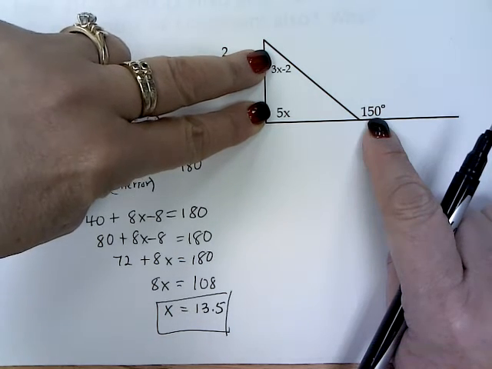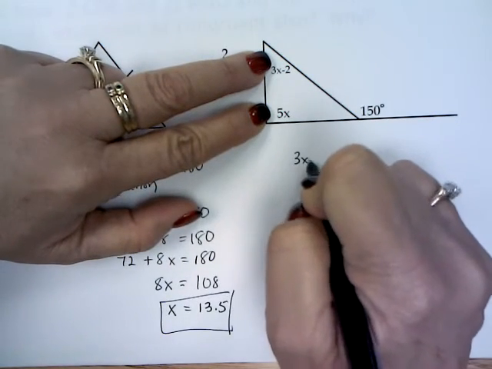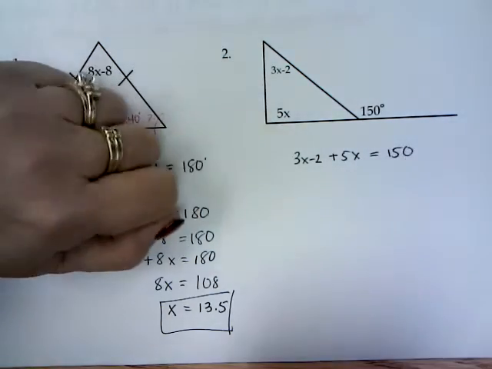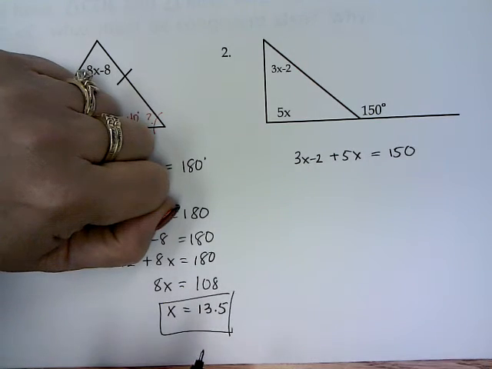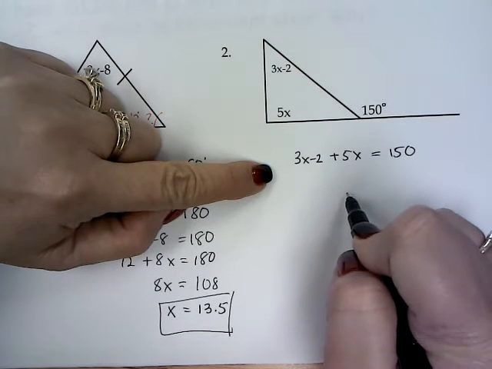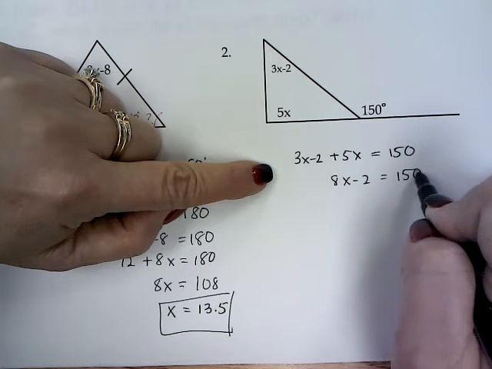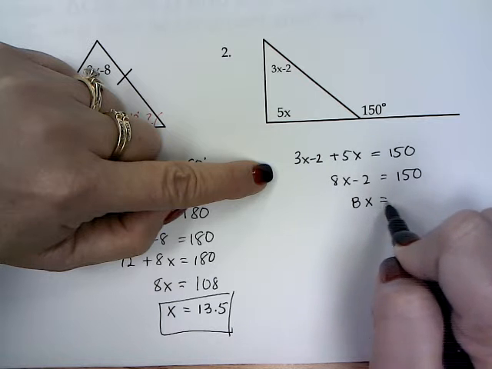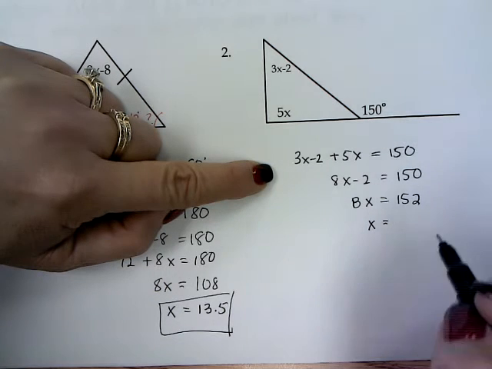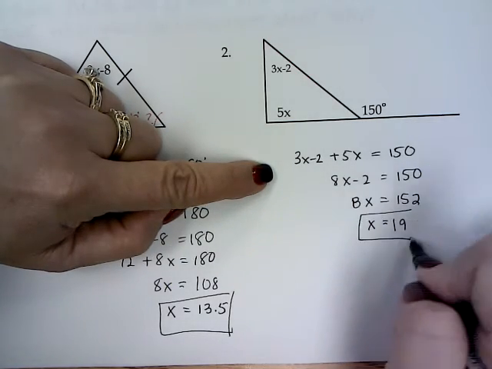So 3x minus 2 plus 5x equals 150. Once I apply this theorem, I think it's called the exterior angles theorem, then we can go ahead and find x. So x is 19.